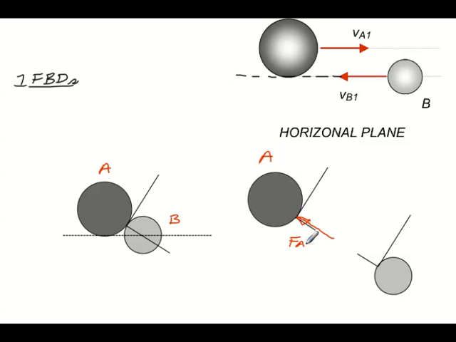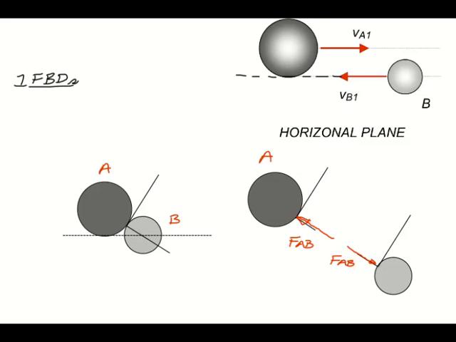Since there's no friction acting between A and B, the impact force lies along the line of impact. In other words, it's perpendicular to the plane of contact. Then by Newton's third law, the equal and opposite force on B is like that.